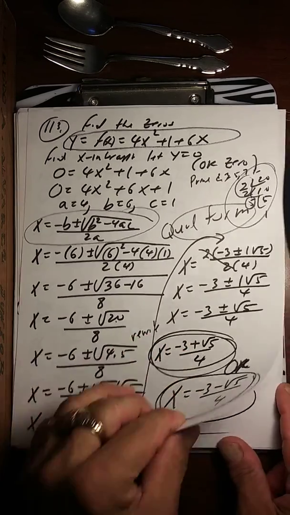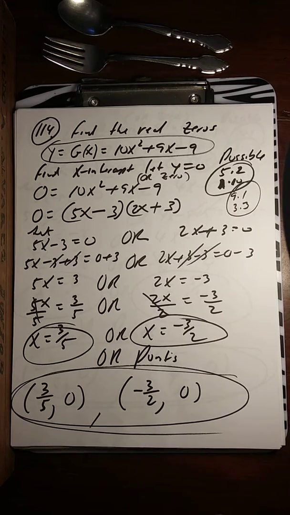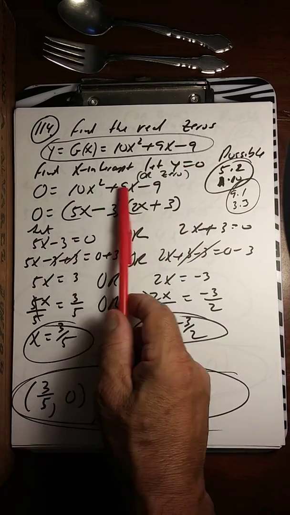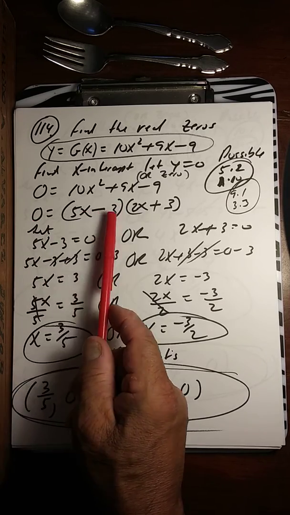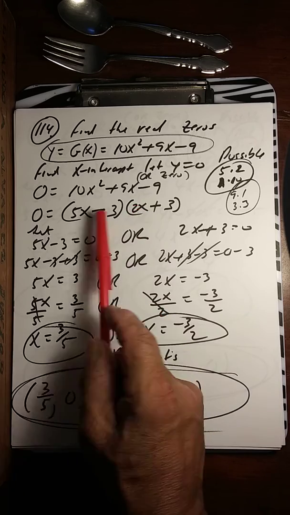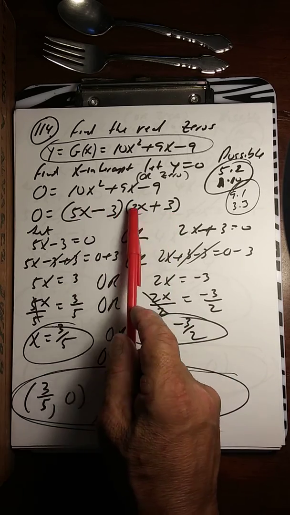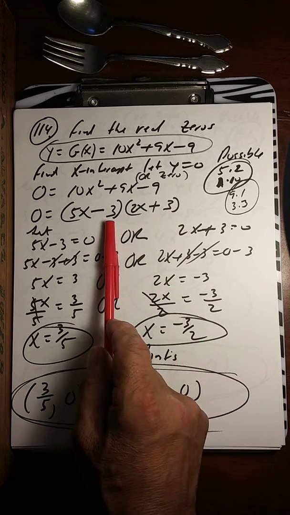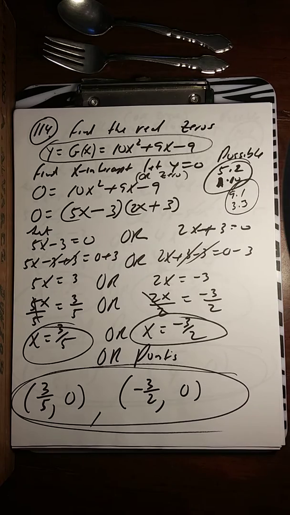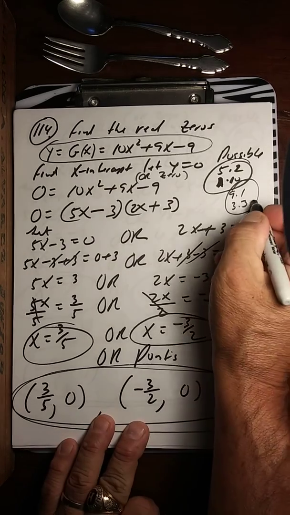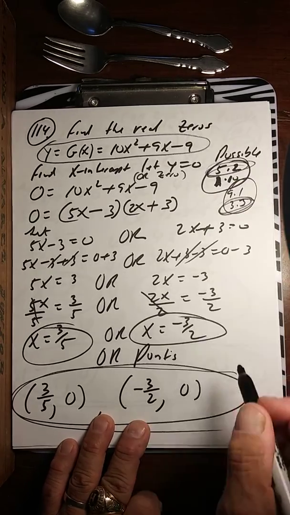Find the real zeros of this thing. All right, so let's find the x-intercept, that is y equals 0. Set it equal like this: 0 equals that. Does that work? Let's see. That times that is negative 9. That times that is 12, 10x squared. And then this would be 15 minus 6, which is 9, yes. We use the possible numbers, the 5s and the 3s.